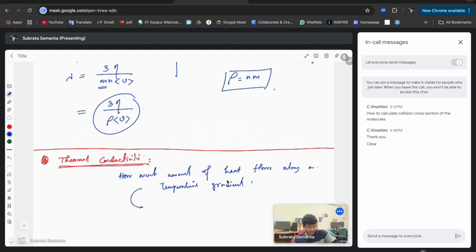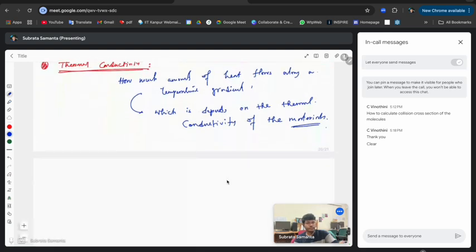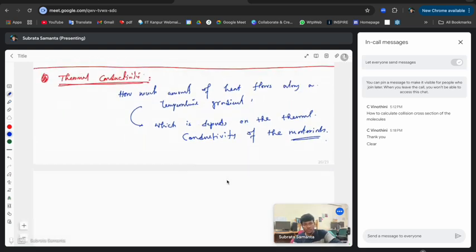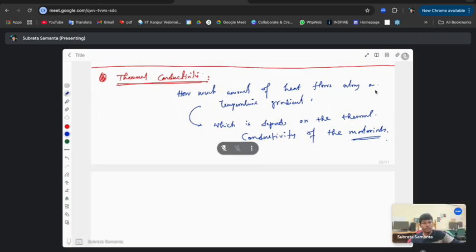Which depends on the thermal conductivity of the materials. So in 3D, what is the heat flux?